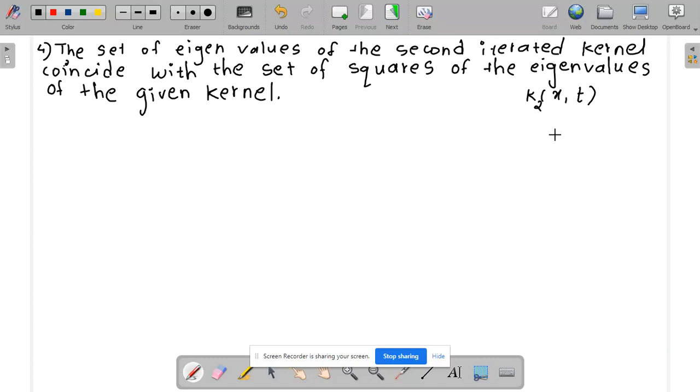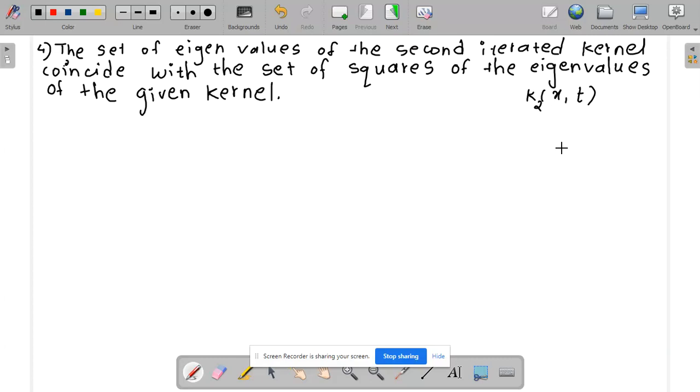We have a nice formula to calculate K2(x, t), but K2(x, t) is different from K1(x, t). In some cases you may observe that they are the same, but in general the second iterated kernel is different from the given kernel.